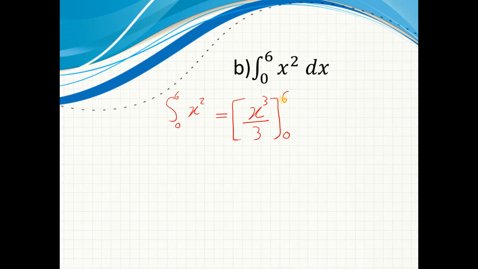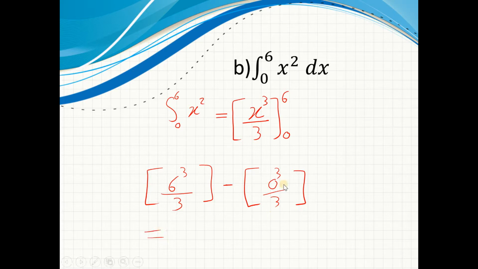Second step, I'm going to find the difference between F(6) and F(0). It means replace x, so 6 power 3 over 3 minus 0 power 3 over 3. Here it's going to be 72.